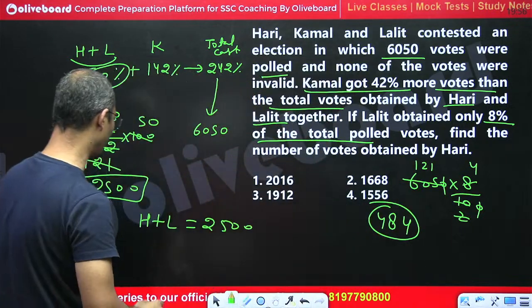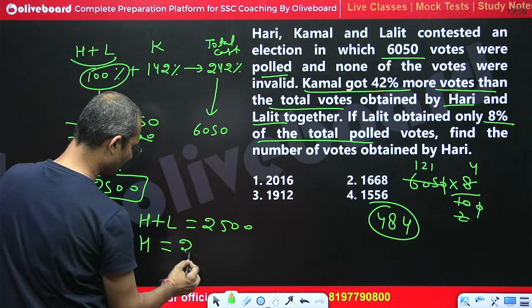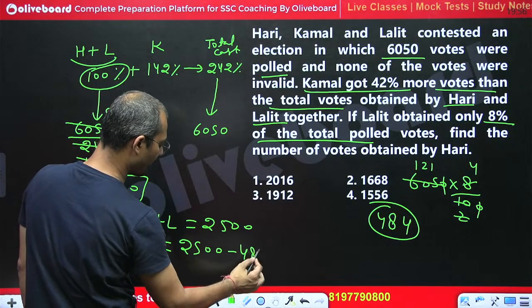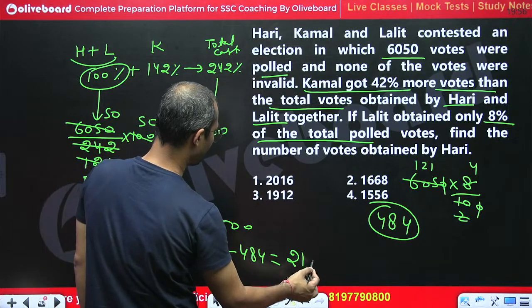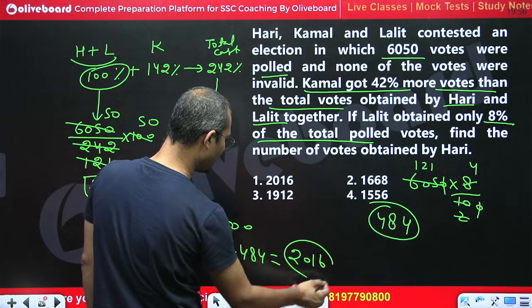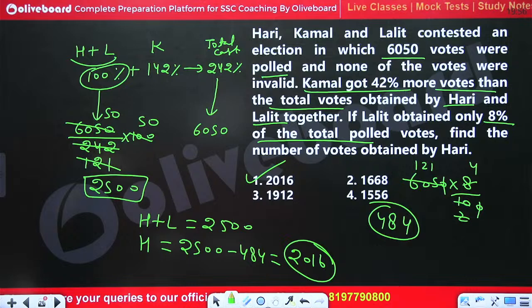Lalit got 484, right? So how much did Hari get? Hari got 2500 minus 484. So this would be equal to 2016. So 2016 would be the right answer, right? So the first part would be the right answer. Yes, 2016 is the right answer.